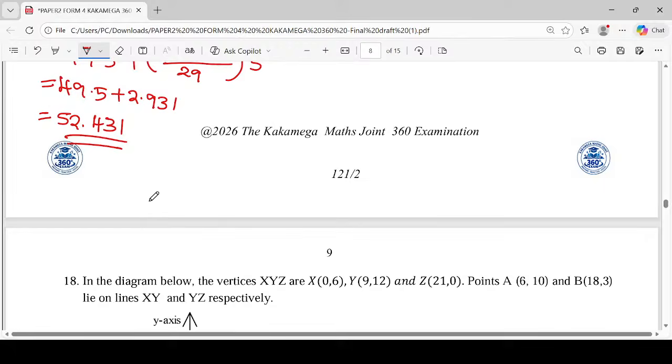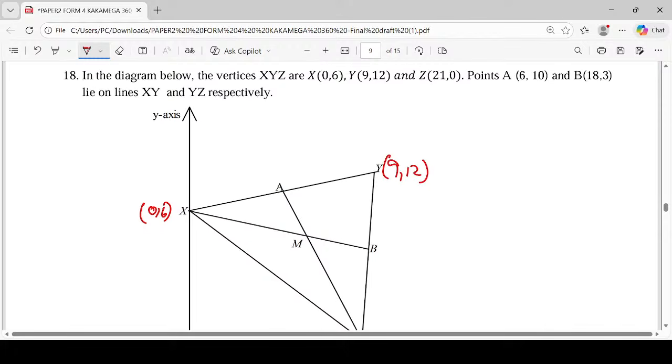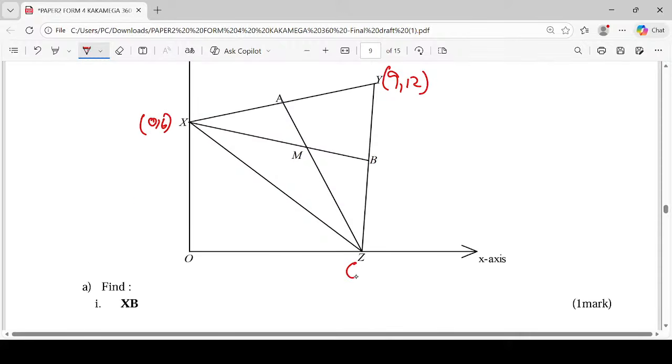Let us have a look at question number 18. In the diagram below, the vertices X, Y, Z are: X is (0, 6), Y is (9, 12), Z is (2, 10).